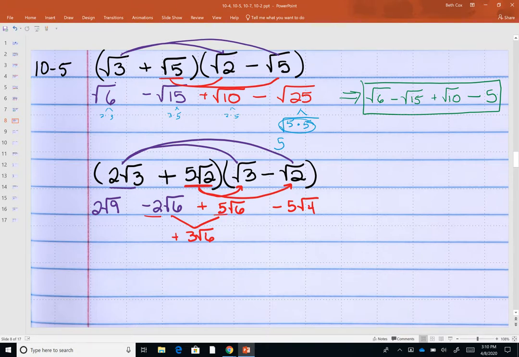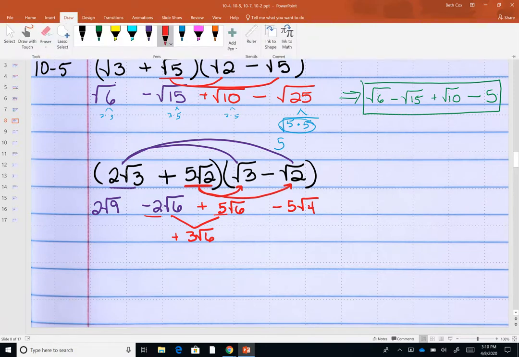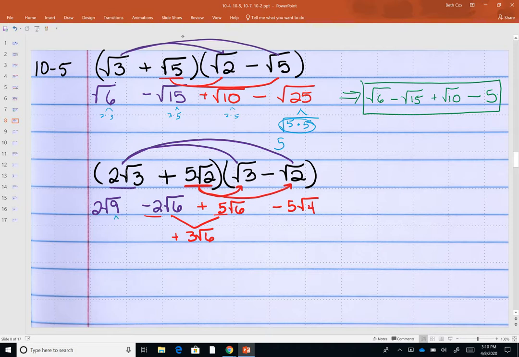Now let's look at the other parts. The 9, remember the 2's already out, and the 9 will break into 3 times 3, so the 3 gets out.